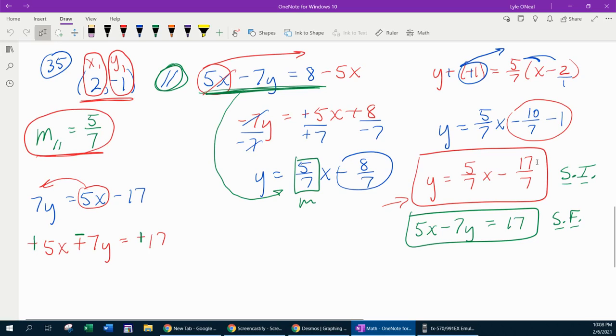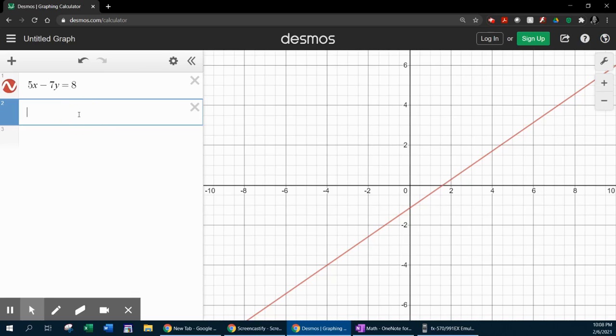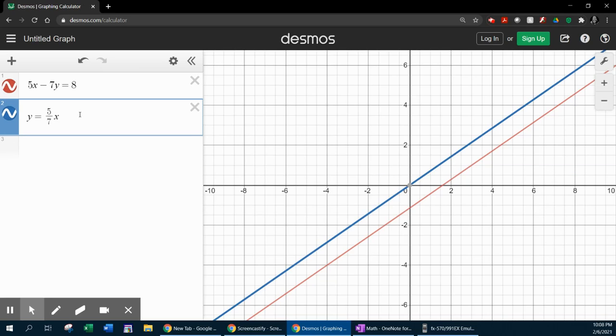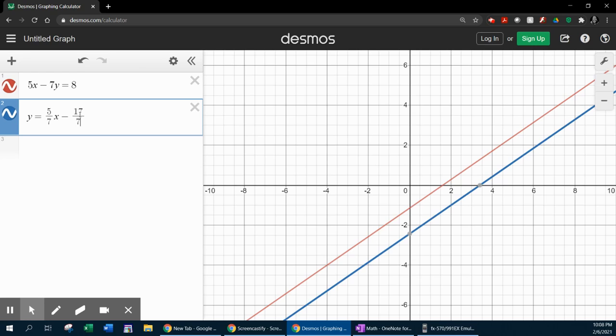And then I'm going to input my slope-intercept form answer. And I want you to notice that this equation does run parallel to the original equation. So do you see that the parallel aspect is verified?